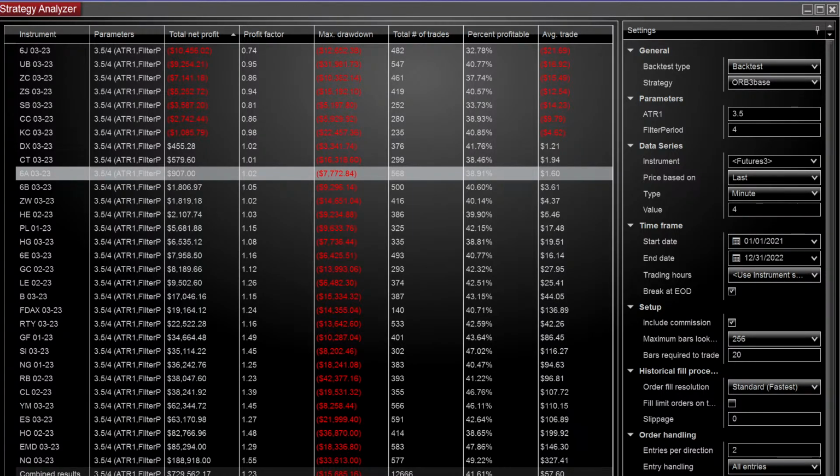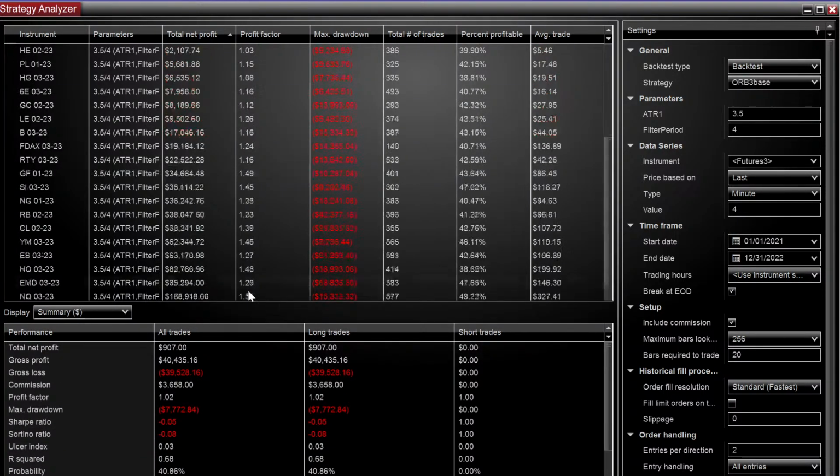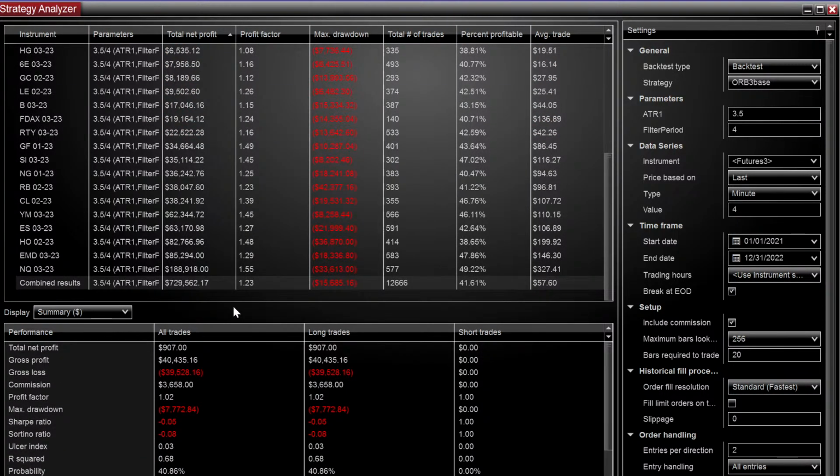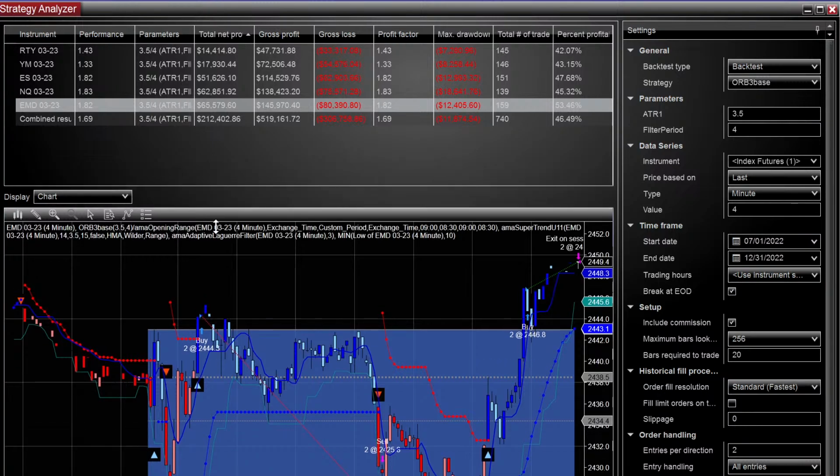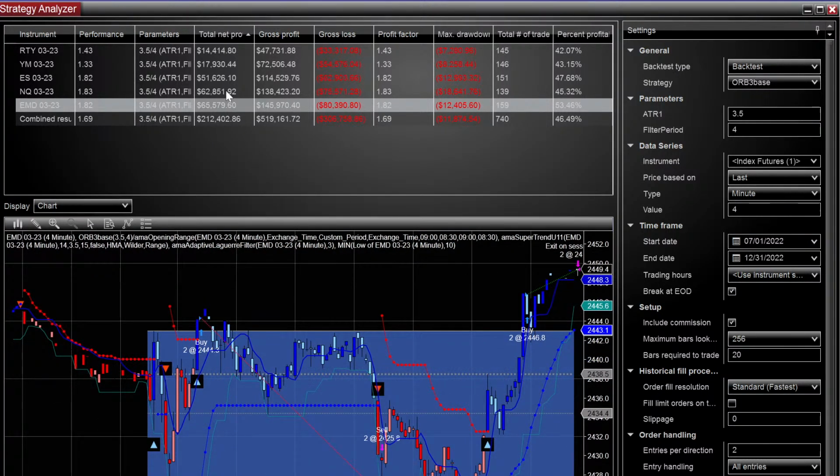We have the new baseline. And obviously with our top performers for the indexes, the improvement is a little bit more significant.